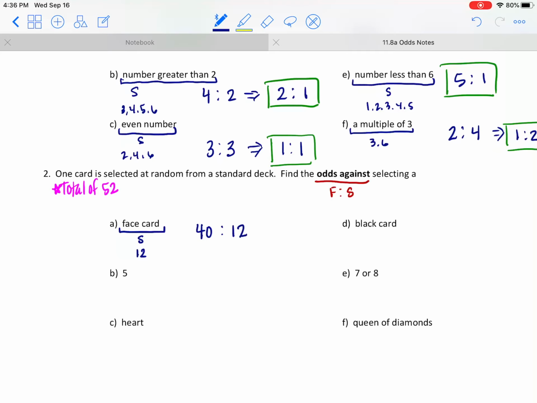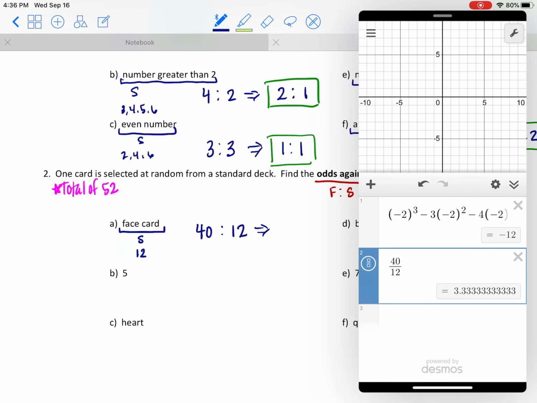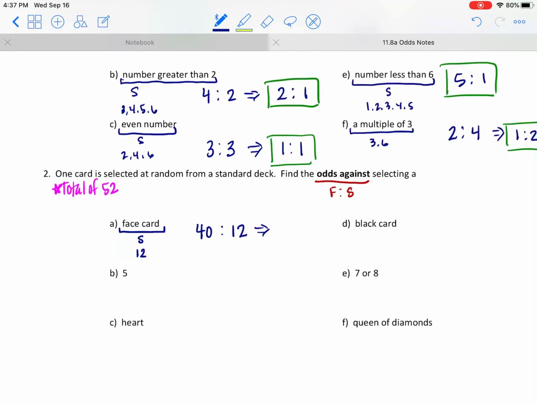So 40 to 12, and that's going to reduce. You can just put it in as a fraction, and 40 to 12 is going to reduce to 10 to 3. So we're going to have 10 to 3 odds against this occurring.